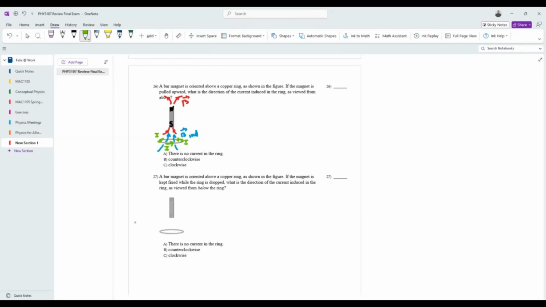Now, if you look at this from above, the position is important. If I look at the ring from above, I will see the current flowing like this, and this is counterclockwise. So this current would be counterclockwise.